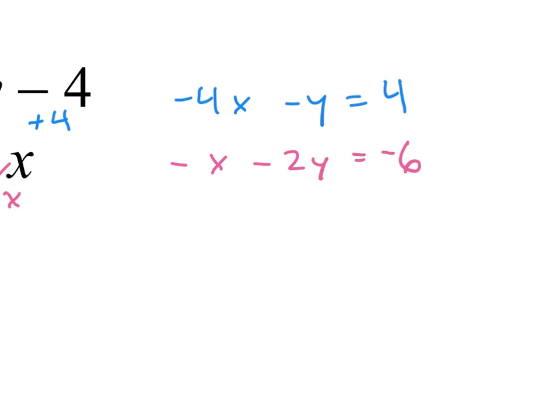So do you guys want to cancel out our x's? Do you want to cancel out our y's? And what do we need to multiply to do that? You can multiply by -2 to cancel out the y. Perfect. So we're going to multiply the top by -2.